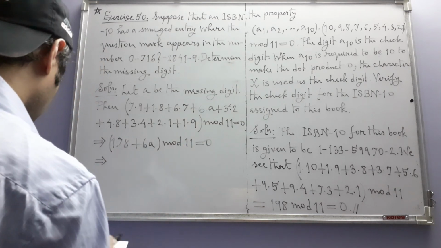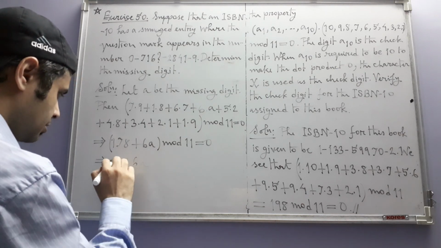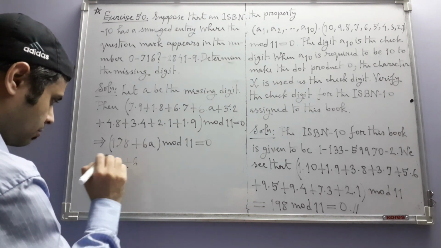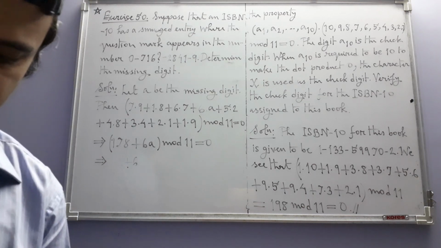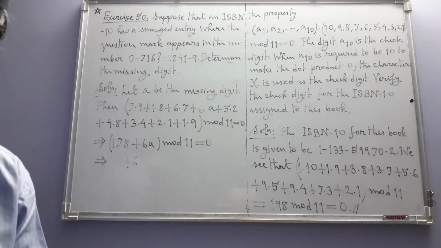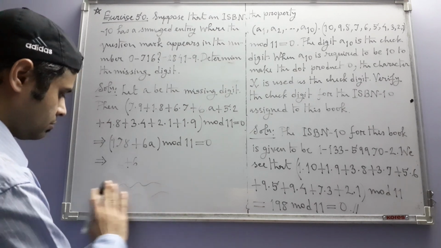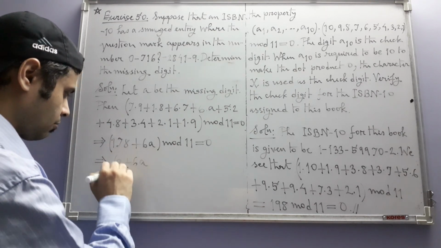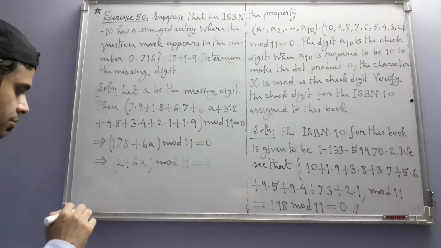Now 178 mod 11 becomes 2. So 2 plus 6A is equal to 0 mod 11.